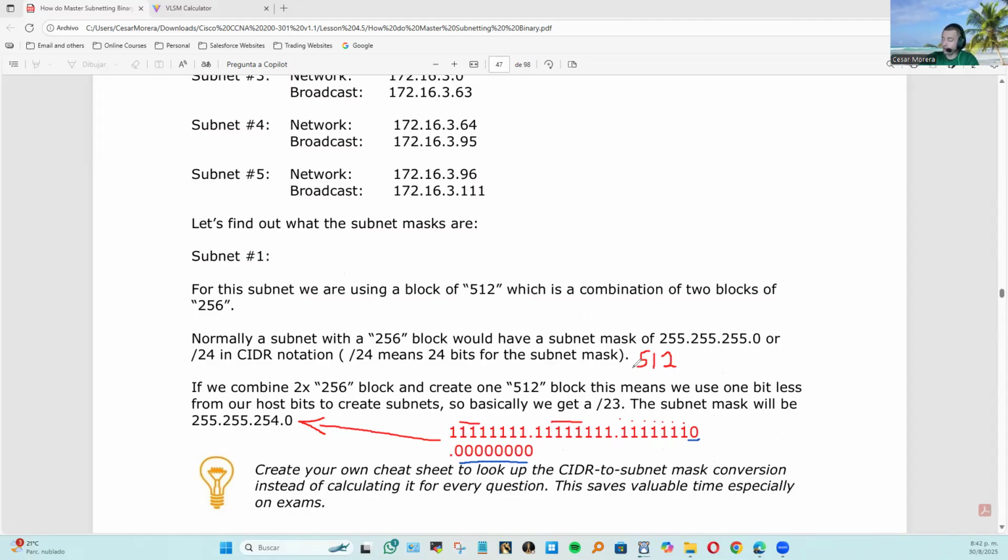This conversion, that 512, comes from 2 to the power of 9. In order to get the usable hosts, 512 minus 2, with the formula 2 to the power of n minus 2, you get a total of 510 available host addresses per network.